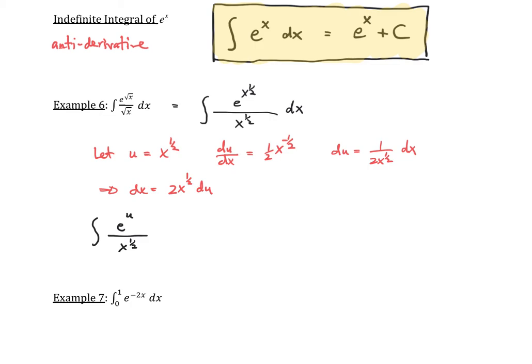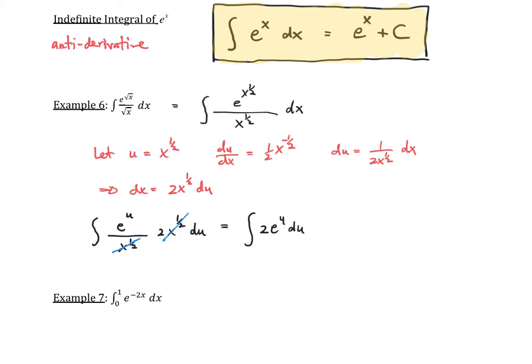And then I'm going to replace the dx with the expression I just solved for, so this is going to be 2 times x to the 1/2 du, like this. And now I see something great has happened. The x to the 1/2 on the bottom cancels with the x to the 1/2 on the right there. So my integrand simplifies to the integral of 2 e to the u du.